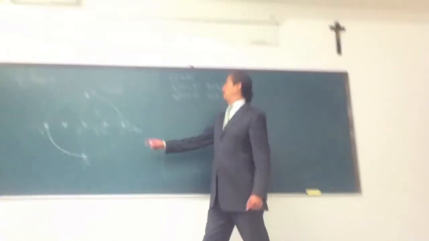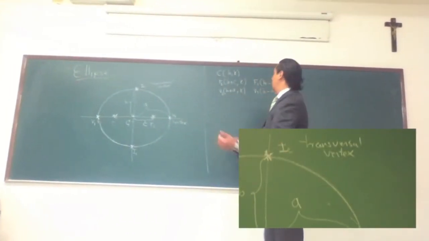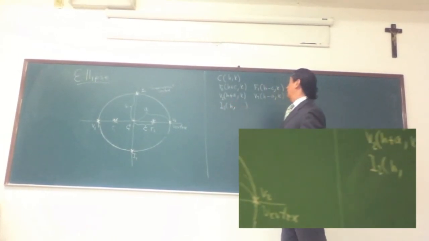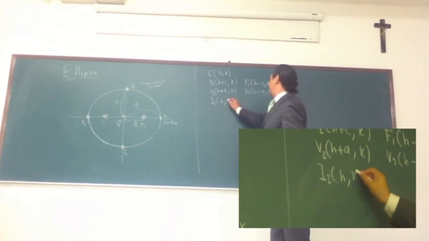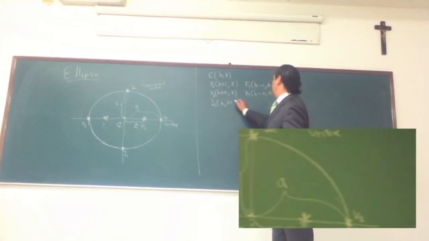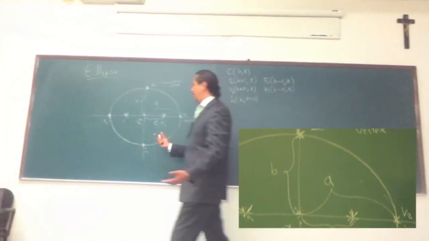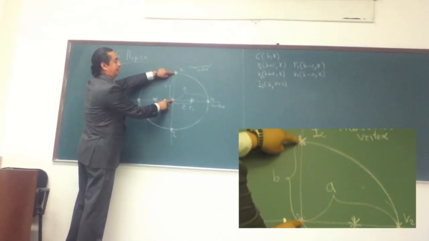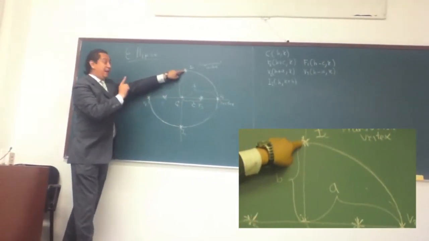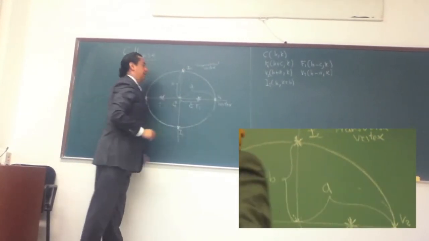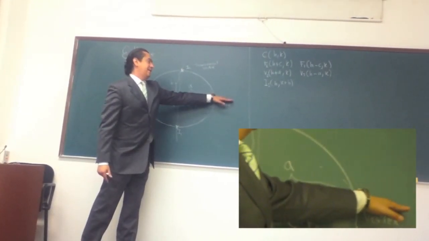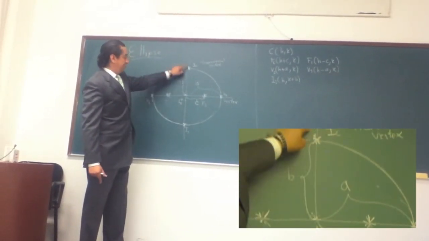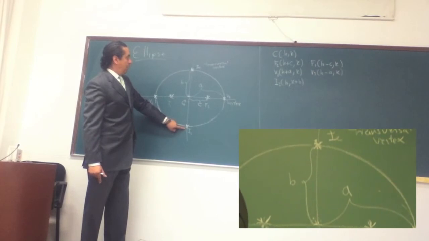The coordinates for the transversal vertex must be what? (h, k plus b). Why? Because b is the distance between the center and the transversal vertex. But now it's not over the x-axis; the transversal vertex is over the y-axis.